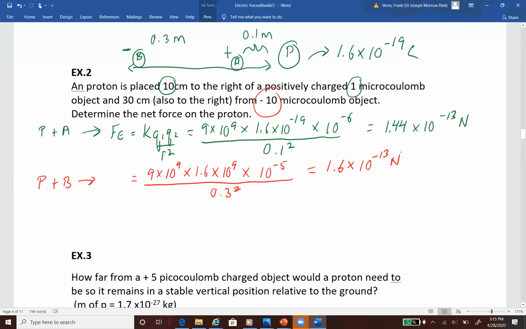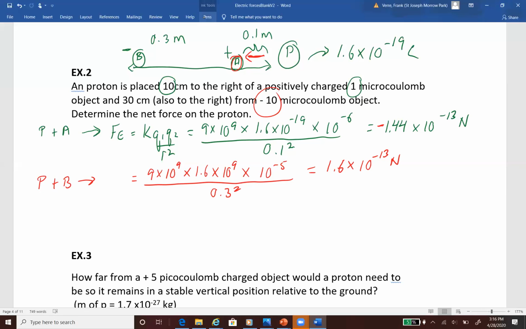Now we have to consider the direction of these two different forces, okay? So object A is going to attract, so it's going to try to move the proton towards it. So we'll just say left is negative. So we're going to make this negative, all right? And object B is going to repel. I'm sorry, other way around.